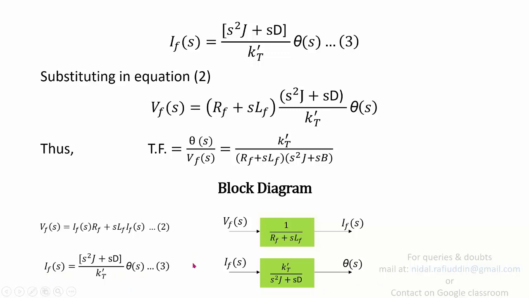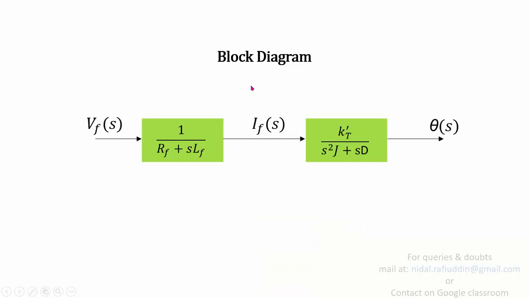So now we see that this is the input and this is the final output, and we don't have any comparator in this particular block. So we straightforwardly connect these two blocks to obtain the final block diagram representation of the field controlled DC motor.